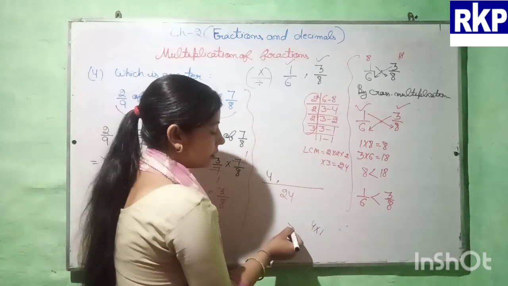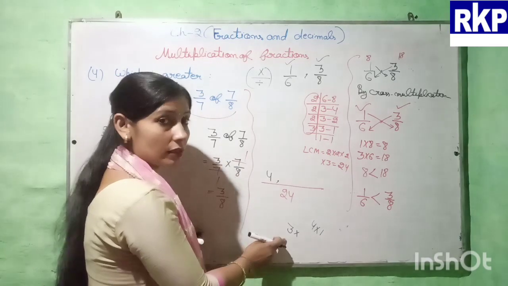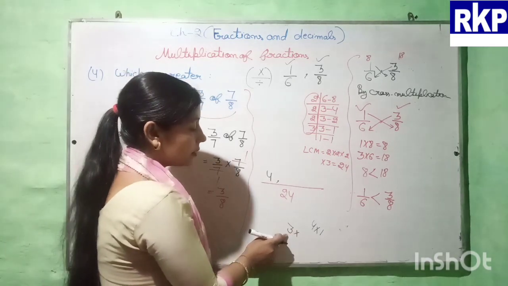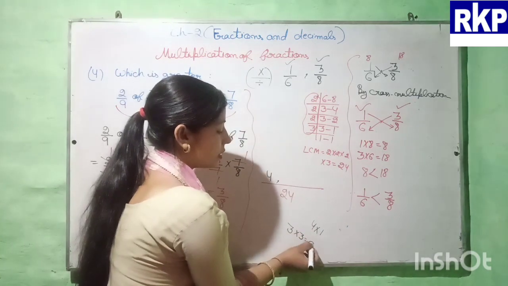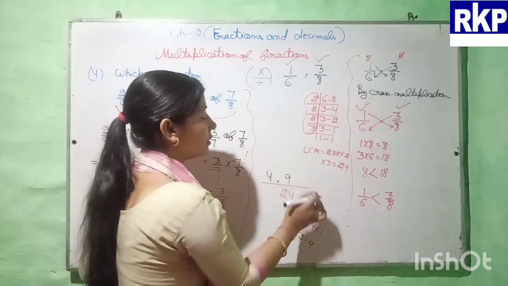So here 8 3s are 24. We get 3. Now we have to multiply this 3 with the numerator of this fraction. So 3 3s are 9. So here we will write 9.